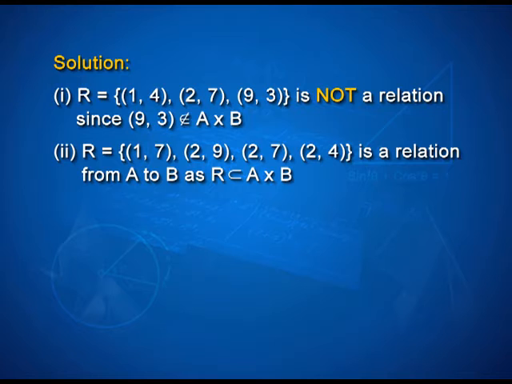Second, yes, is this a relation? (1, 7), (2, 9), (2, 7), (2, 4). All of these elements are coming from A cross B. So, R is very much a subset of A cross B and hence a relation.